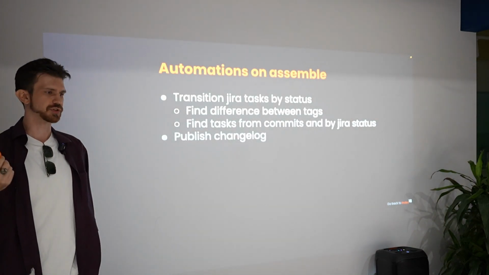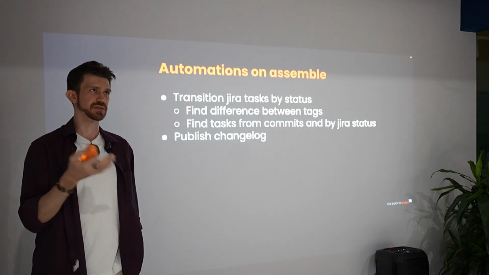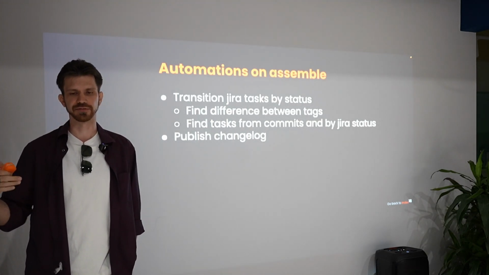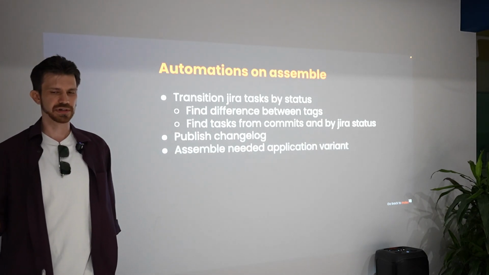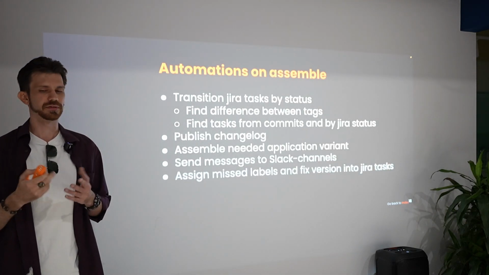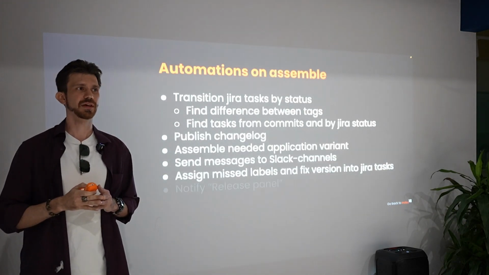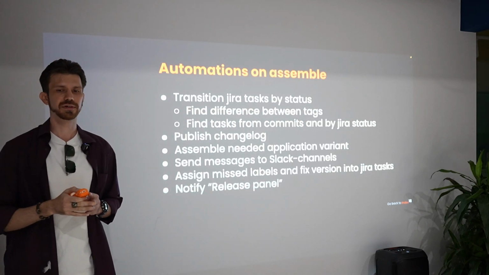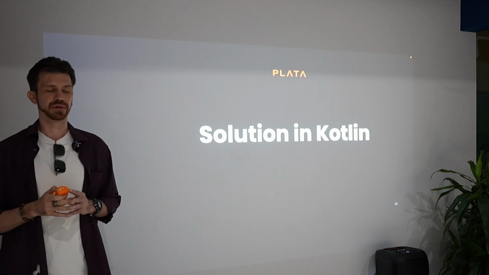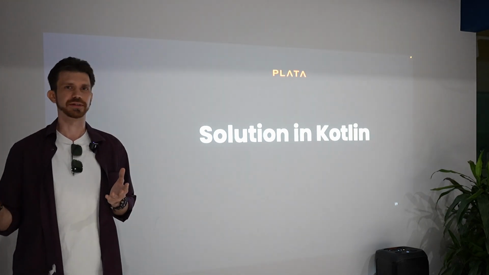We publish a change log for QA builds, it's build to build, and for our production application, obviously it's version to version. We assemble applications, we send messages to Slack, and we notify in our release panel. So how would we write it in Kotlin?